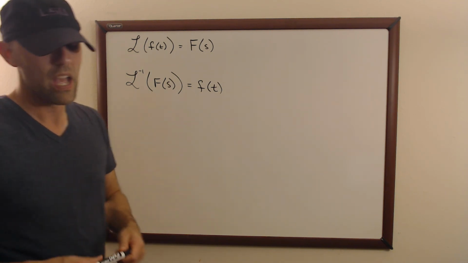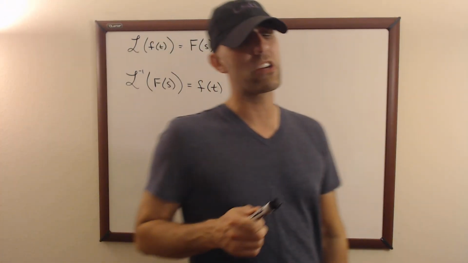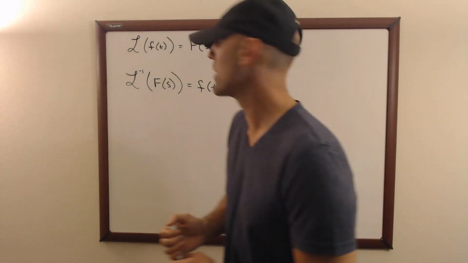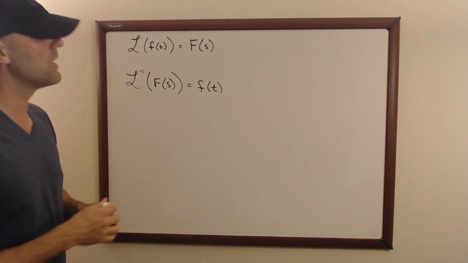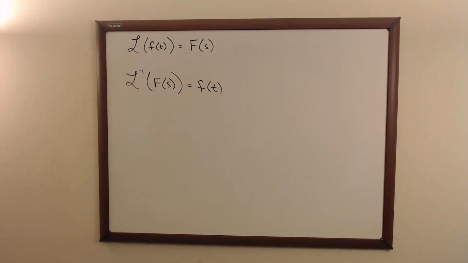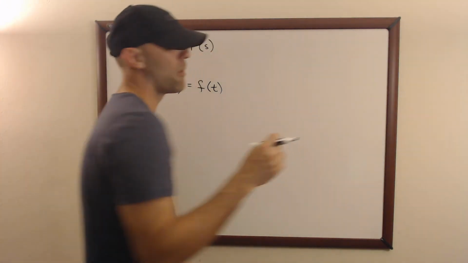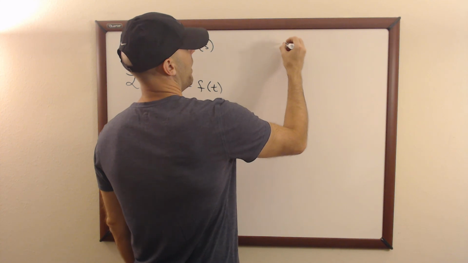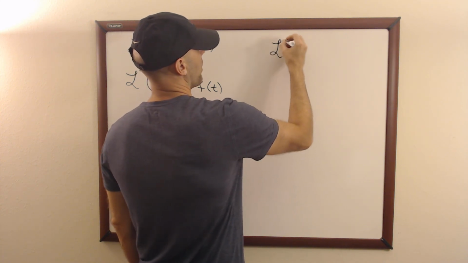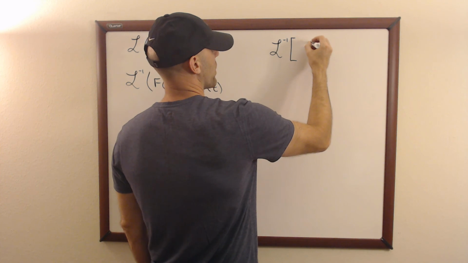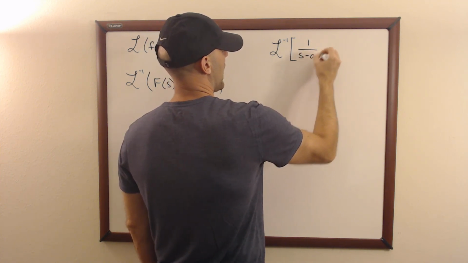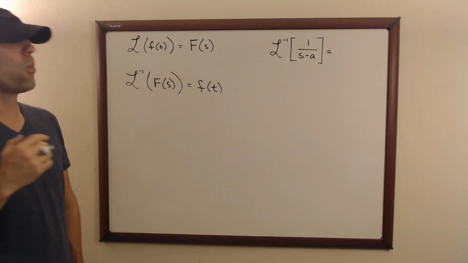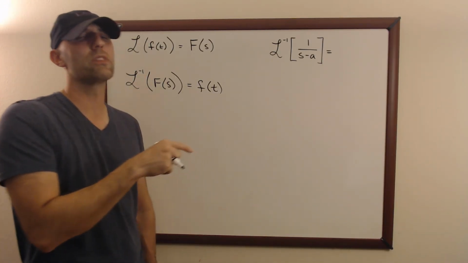So what I can do is take the formulas that we had in section 10.1 and just write them backwards. Let me get a chart of those on the right, and I want to leave off the polynomial one for last because that one doesn't go quite as cleanly. If we remember, the inverse Laplace transform of 1 over s minus a, what function gave me the Laplace transform of 1 over s minus a?